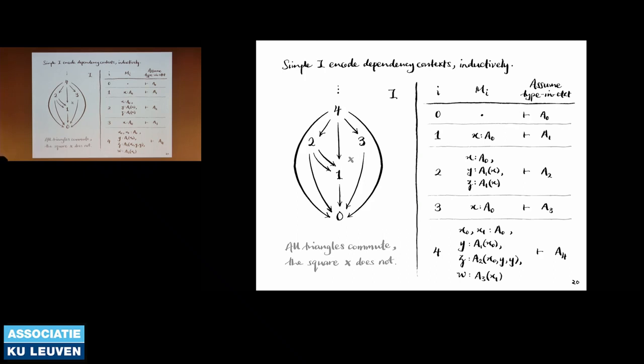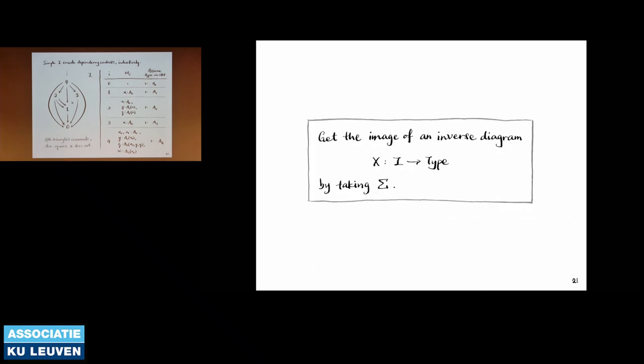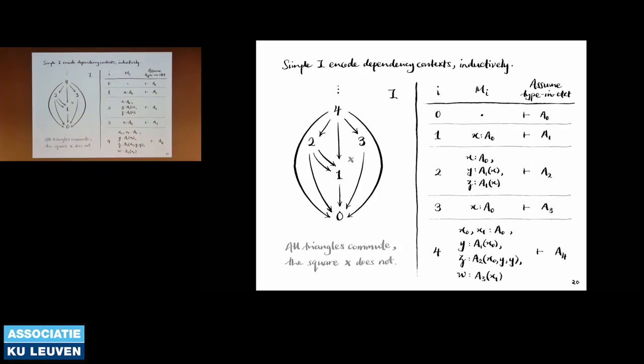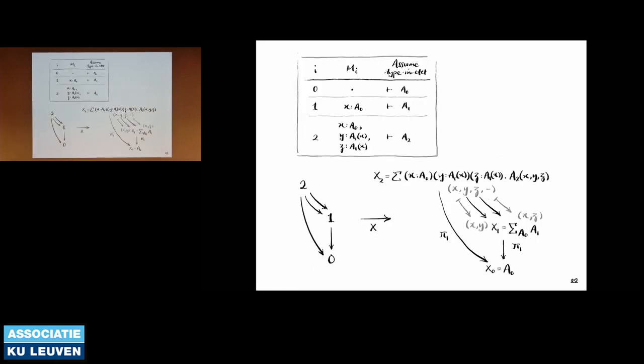Right, so remember I talked about constructing inverse diagrams. So what does this have to do with inverse diagrams? The idea is you sigma everything up. So here we have these dependency contexts, Mi. If you sigma these up with what you assume you have, these types and contexts, now you get an inverse diagram.